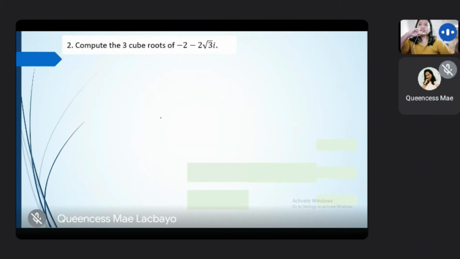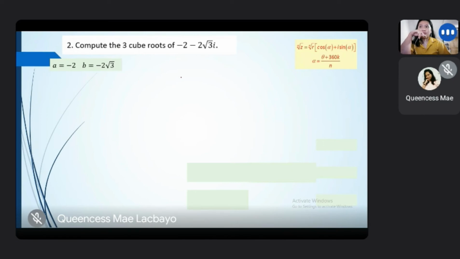Next, the second problem is: compute the 3 cube roots of negative 2 minus 2 square root of 3 i. So, that is the next one to compute. Three cube roots means k equals 0, 1, and 2. The formula is the one given earlier, and the process is the same. First, let us identify the values for a and b.